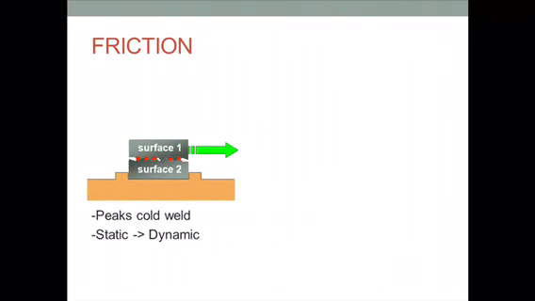So at first, when you apply a sideways force to it, which is the green arrow, these cold welds do not let surface 1 actually move because they create a friction force, static friction force.